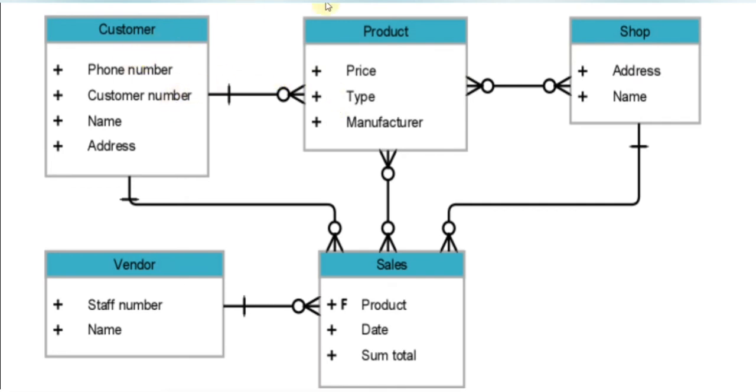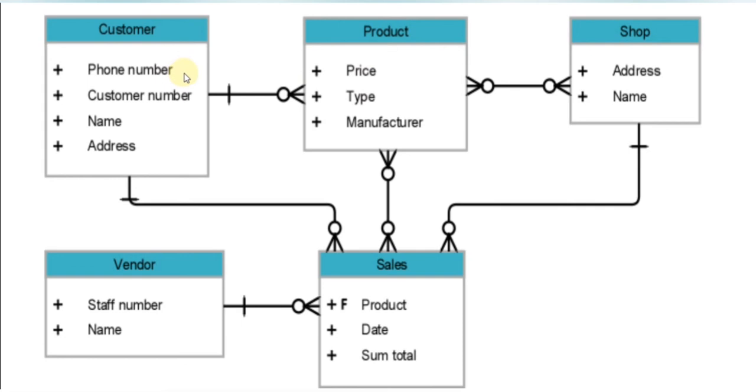Customer and product have one to many relationship, and product and shop have many to many relationship. You use more than one form of relationship. Among these two entities we have one to many relationship, and in these two entities we have many to many relationship.